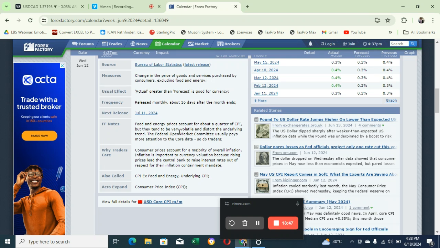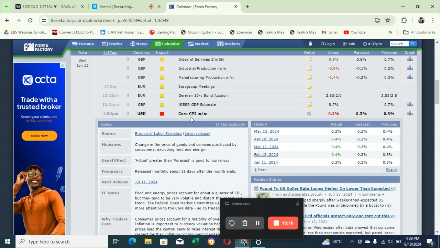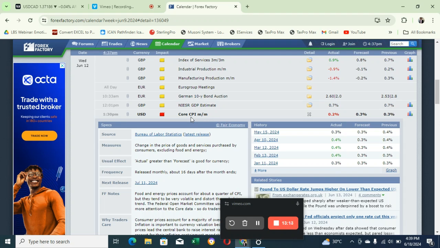Consumer price accounts for a major part of the overall inflation rate in the country. Inflation is important to currency valuation, because rising prices lead the central bank to raise interest rates so that there will not be more inflation. Central banks use these tools to control inflation rates in a particular country.